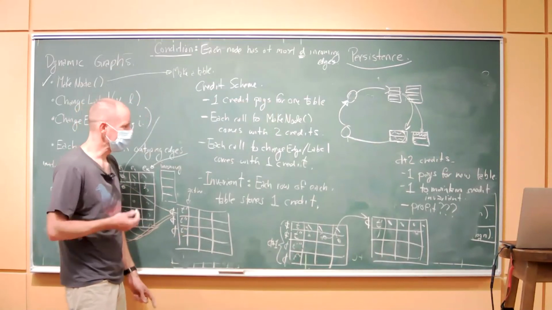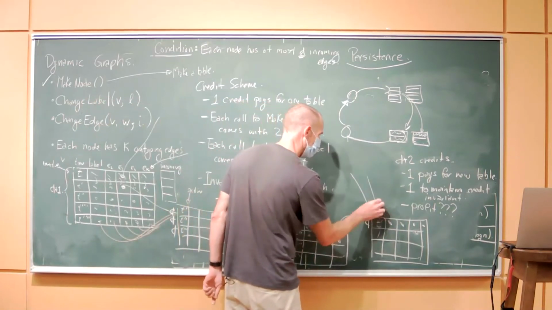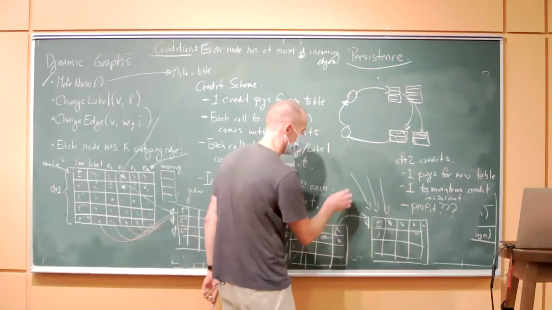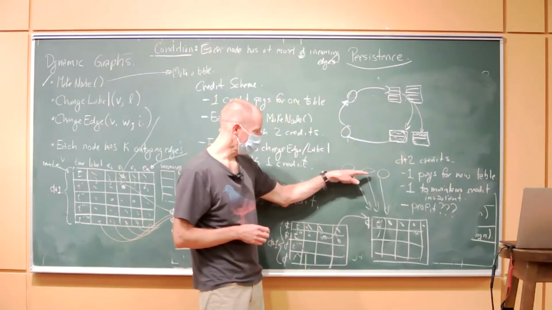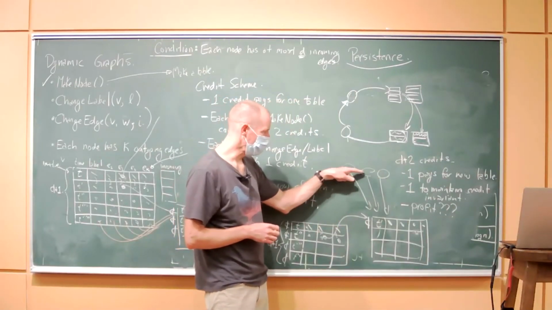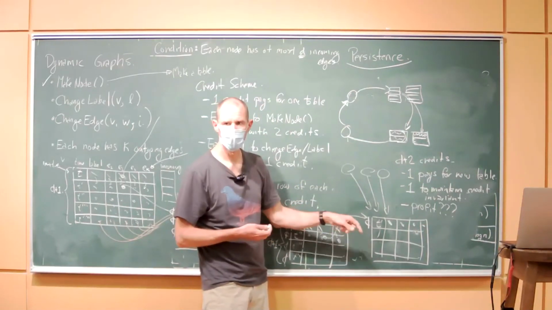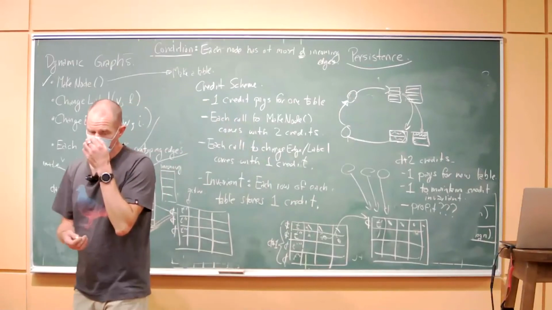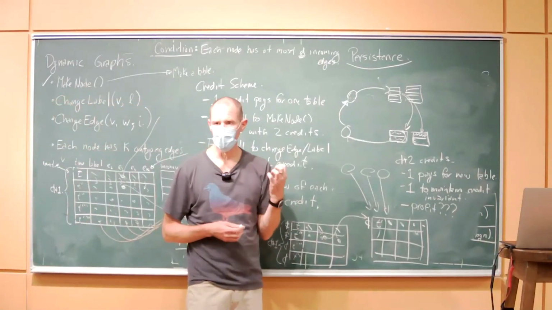But remember, the last thing we have to do is tell the D nodes that have incoming edges that each one of them needs to change one of their edges to this new thing. And that is a call to change edge, which is not coming from the user.